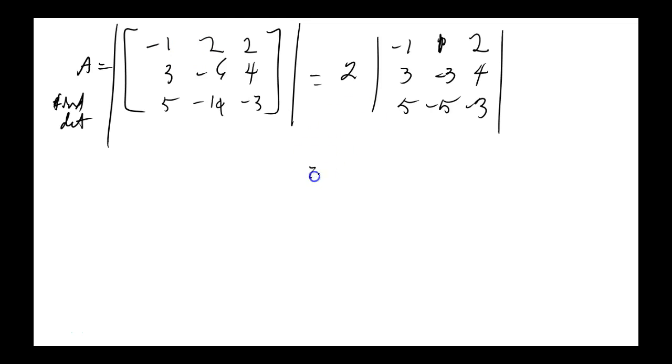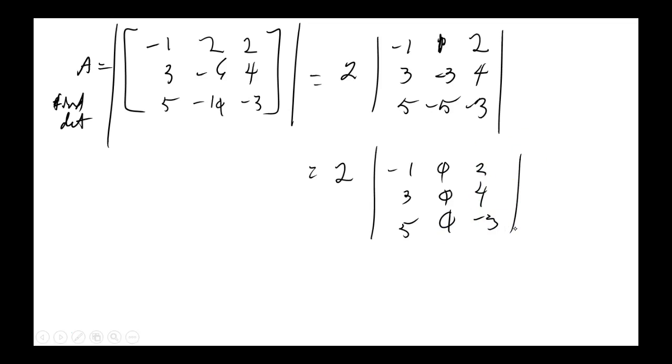You would have that this is equal to 2 times the determinant of, leaving the first column alone, -1, 3, 5, 0, 0, 0, 2, 4, -3. And what's the determinant of that?